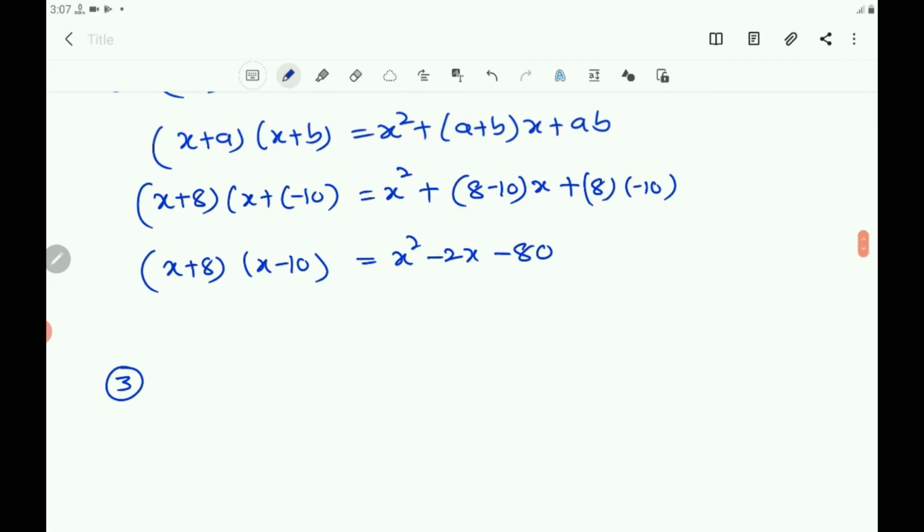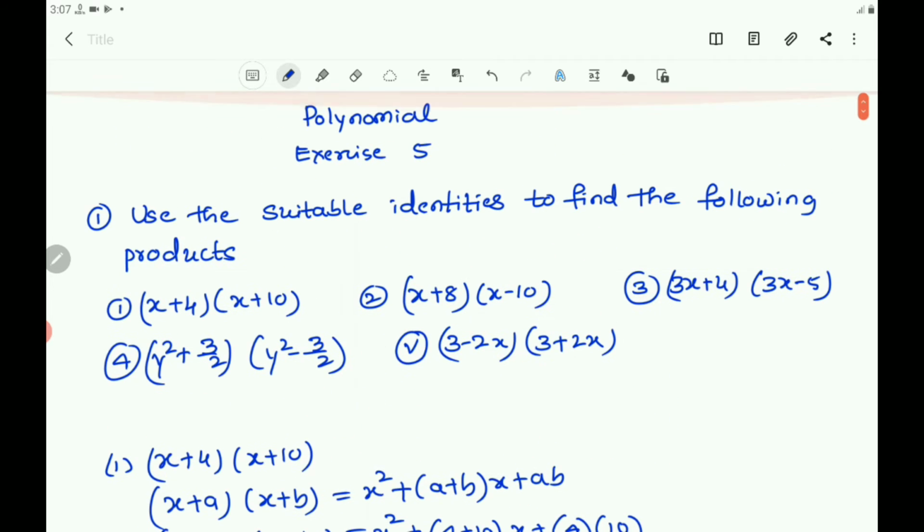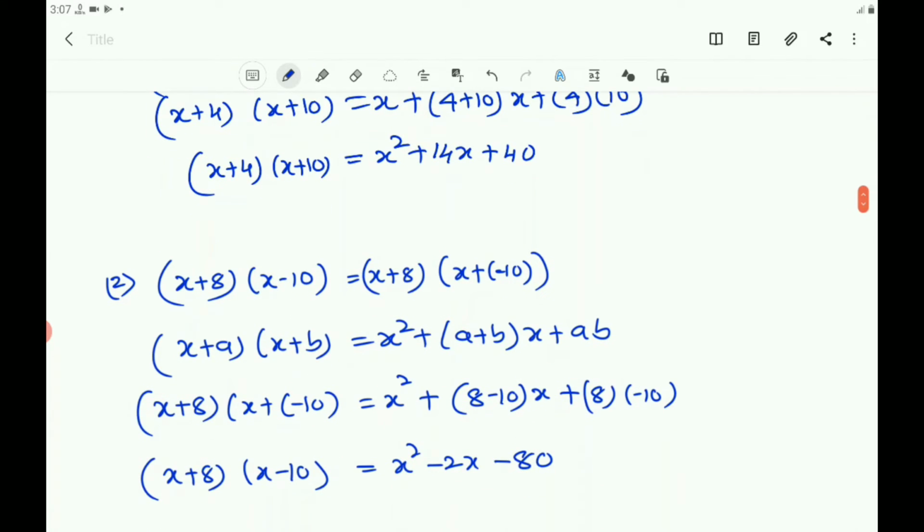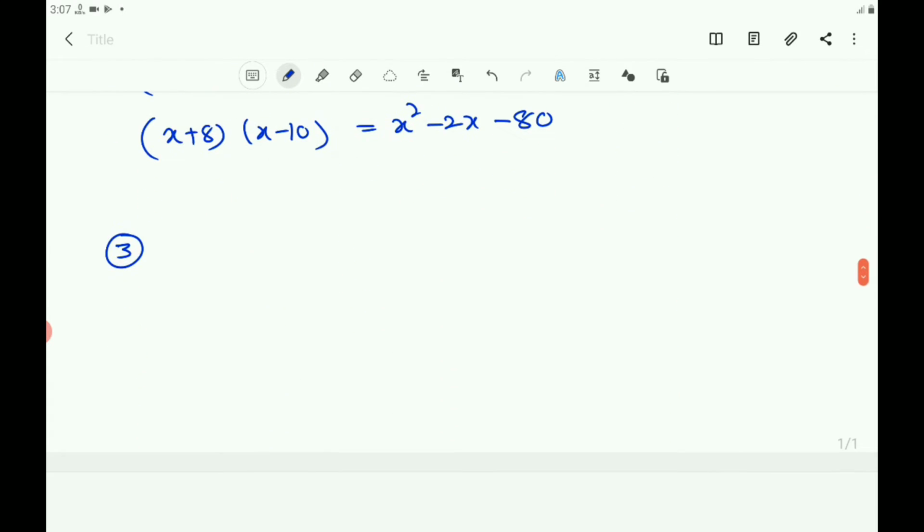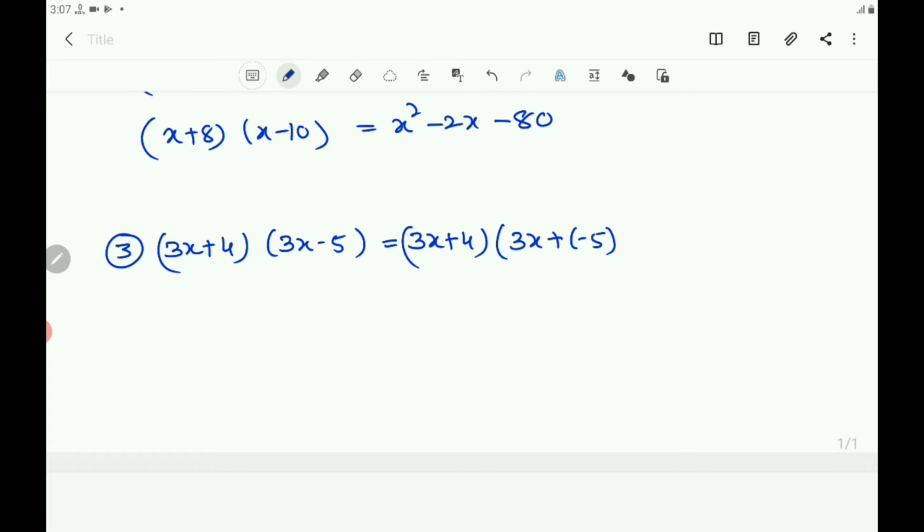The third one is 3x plus 4 into 3x minus 5. You write it in the form 3x plus 4 into 3x plus of minus 5.